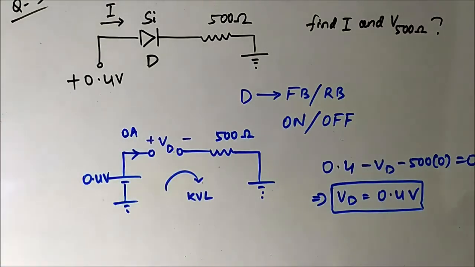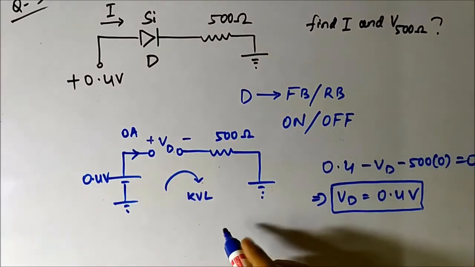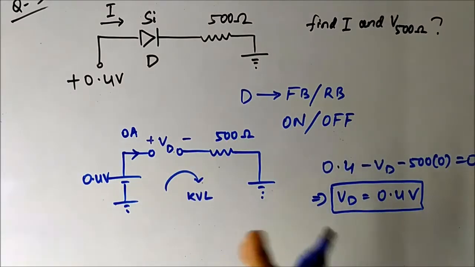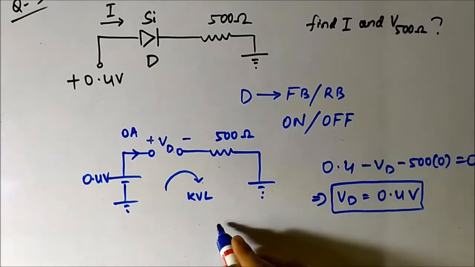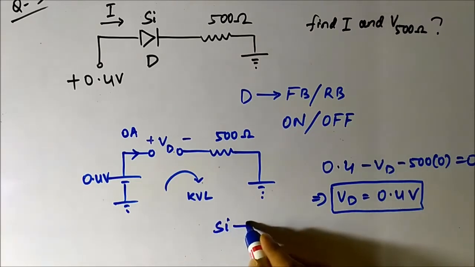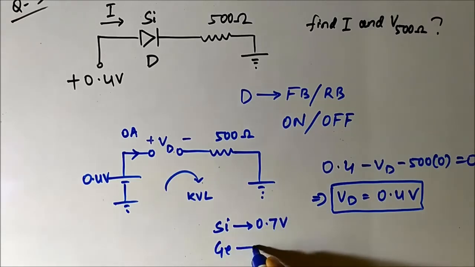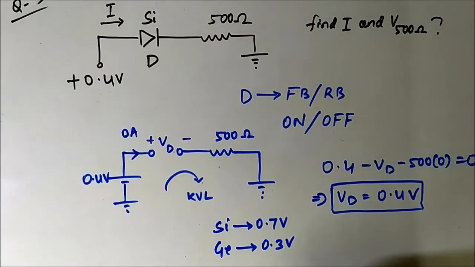Now we know that for a silicon PN junction diode, the forward barrier potential is 0.7 volt. For germanium it is 0.3 volt. Here it is silicon, it has been mentioned.